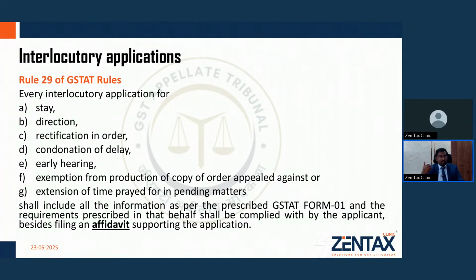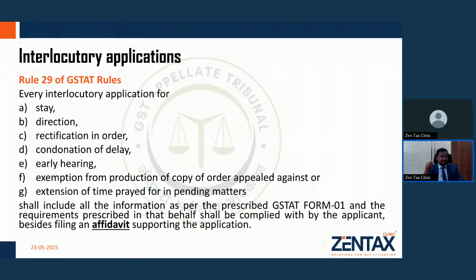Or you have filed an appeal for a substantial amount of refund. There is an amount of refund to the extent of rupees 50 crores which is pending before the various authorities, and therefore you are filing an appeal before the appellate tribunal. Since the amount involved is high, you want an early hearing.